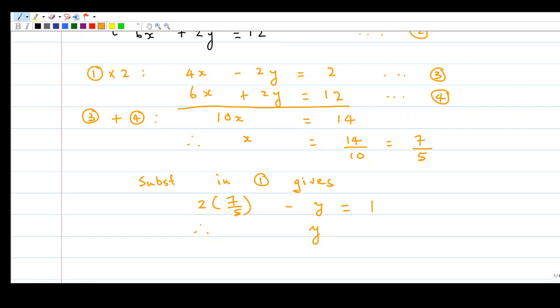Taking y onto the right hand side, y is equal to 14 over 5 minus 1, and that gives me 9 over 5.